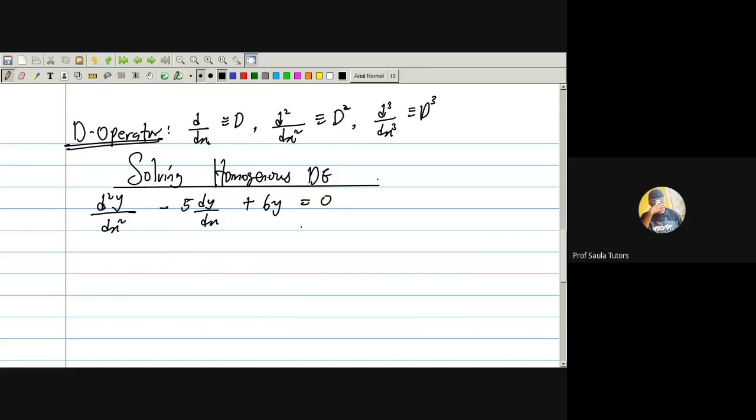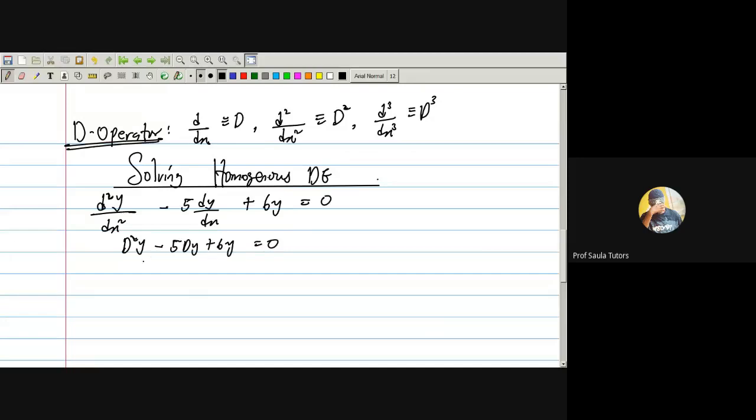Now, pay attention. Let me show you the concept of solving this type of differential equation. Firstly, put it in terms of the operator. If I do that, this becomes d squared, and remember there is y there, minus 5Dy plus 6y equals 0.